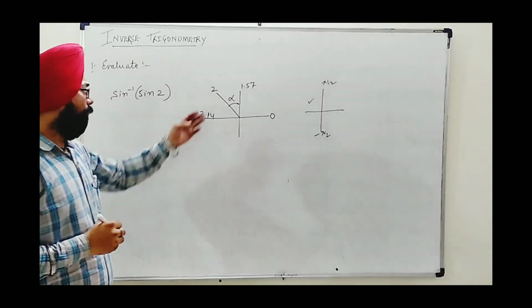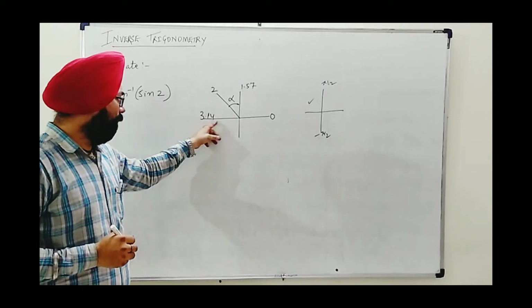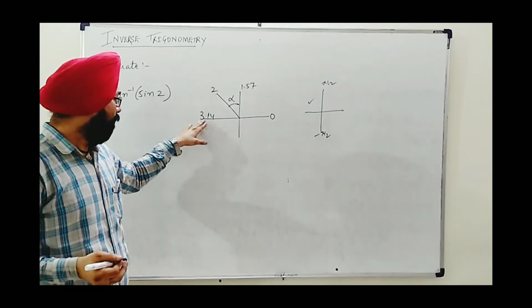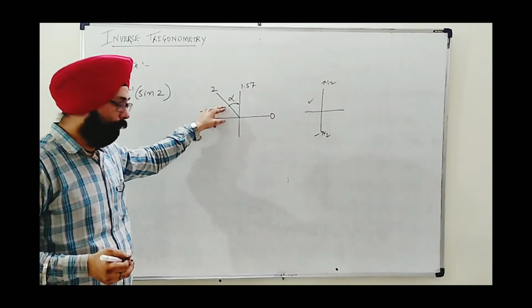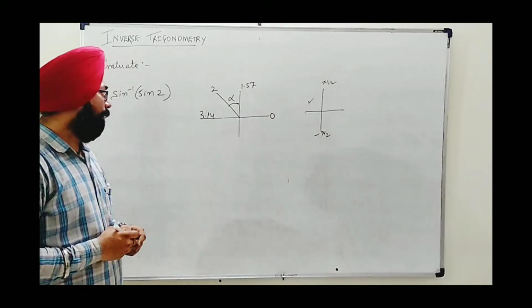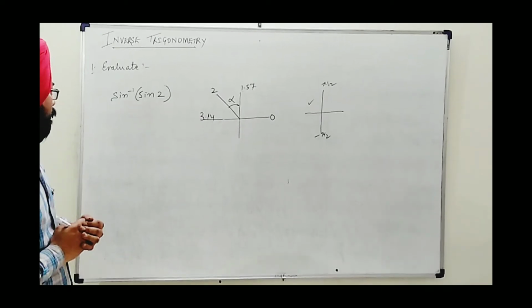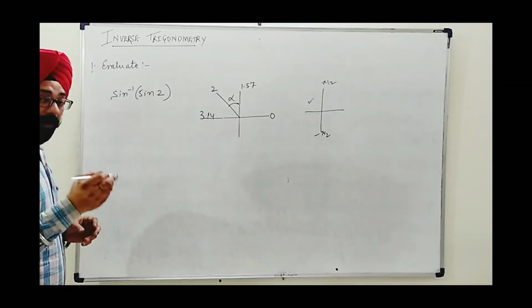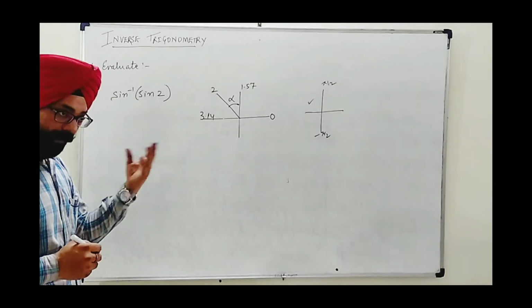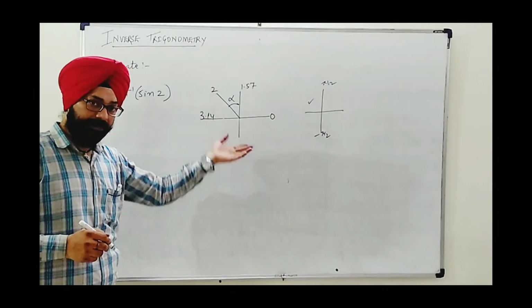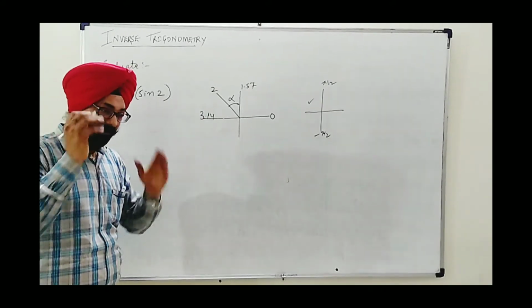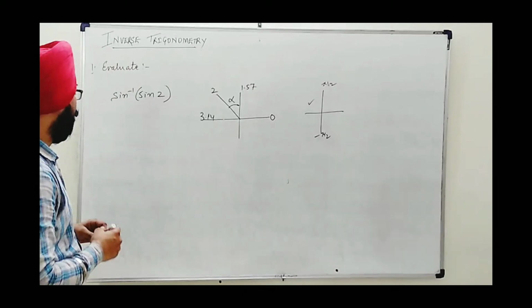Not only this, you can consider the gap from 3.14 also, taking the reference of 3.14, taking the gap to be alpha. Depends. Here I have taken pi by 2, 1.57. Okay. So if I take 1.57, I will show you by 180 also, 3.14. What are the changes, what things we have to keep in mind.